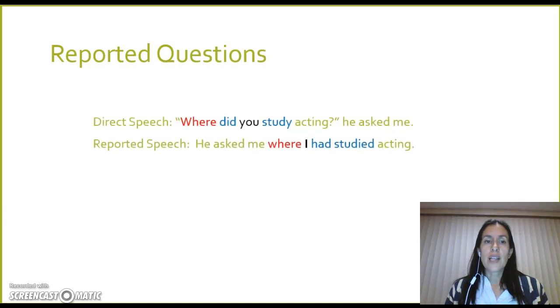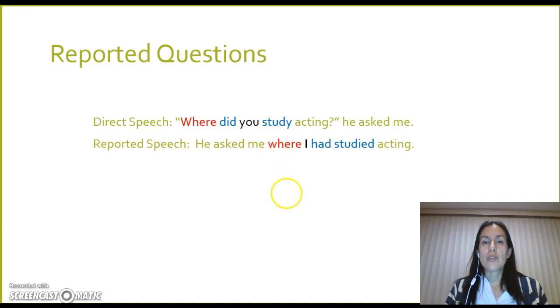If we analyze this example, in direct speech, the original question was, where did you study acting? He asked me. So if you notice, we have a question word, in this case where. So when you report it, it's going to be used with the same question word, where. The structure of the original question in direct speech is auxiliary, subject, verb.